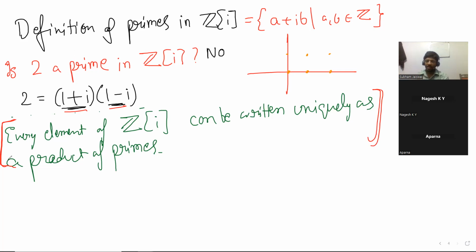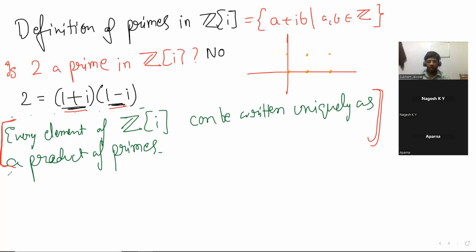I'm not giving a proof of it so far, and maybe I'll not give it. Let's say we assume this statement. So far, is it okay? Aparna, is it fine? Yes, just make sure that it's fine. Then we'll move on.